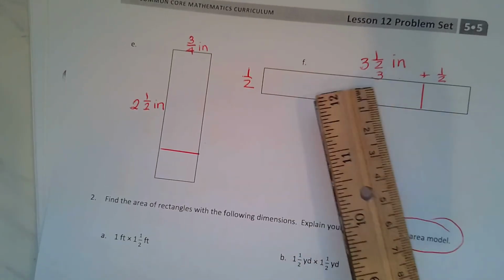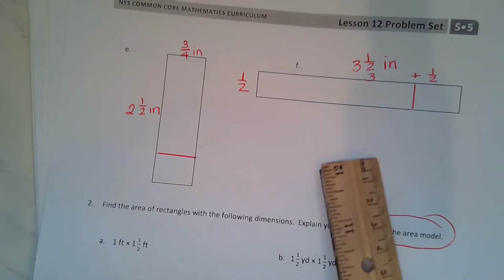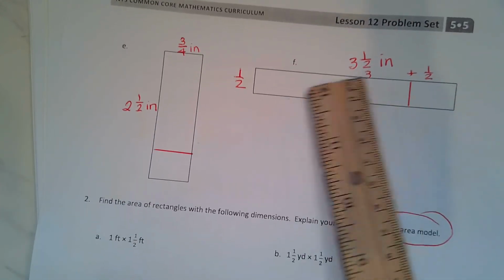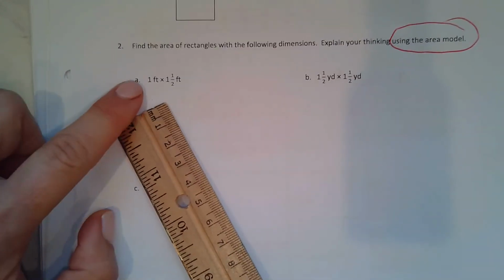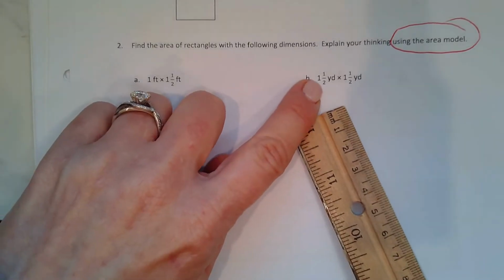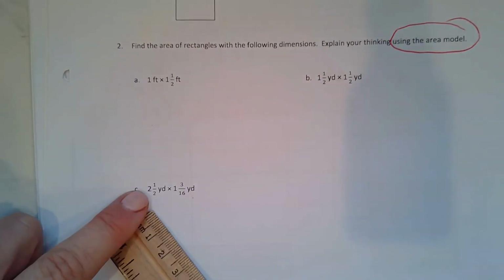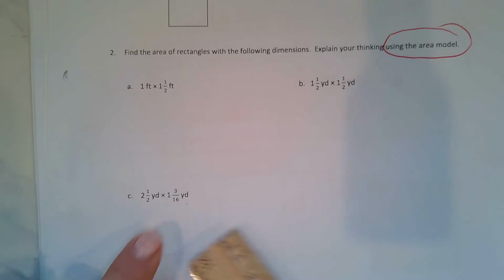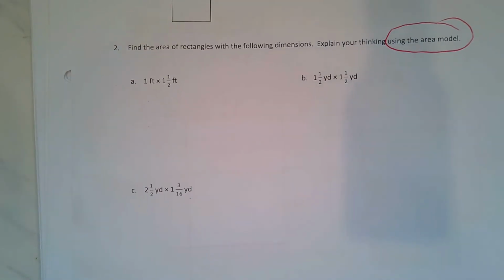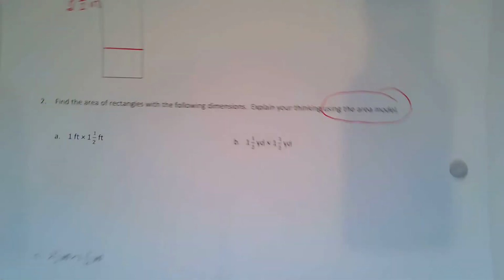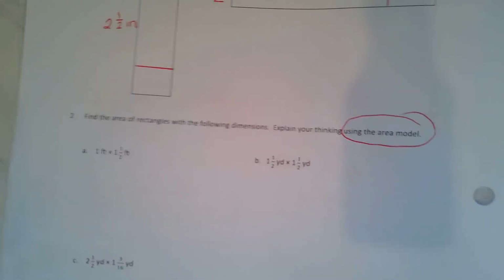Okay, so in order to find the area, you're going to find the area of the 2 boxes, add the area up to get the total area, right? Down here, 1 by 1 1/2, 1 1/2 by 1 1/2, 2 1/2 by 1, 3/16 of a yard. So after you complete that, you should be able to do this on your own at this point.